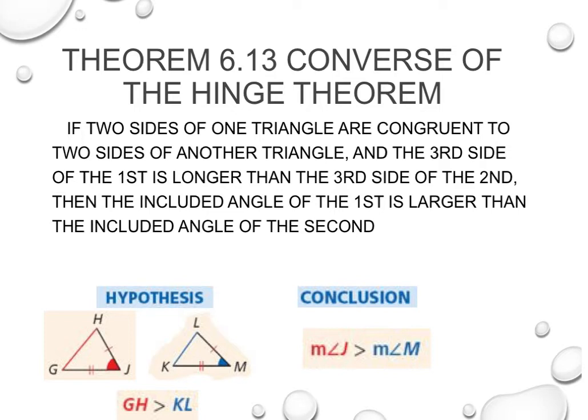So when you're given the angles, that's the regular Hinge theorem. When you're given the side, that the side is bigger than the other one, and you conclude that the angles are bigger, that's your converse, okay? So your converse is when you're given the side and you conclude that the angles are bigger.